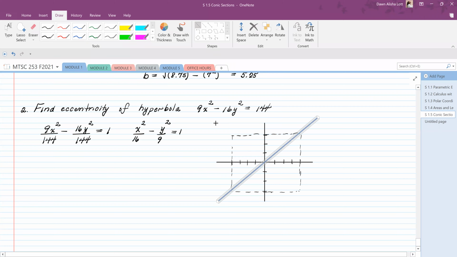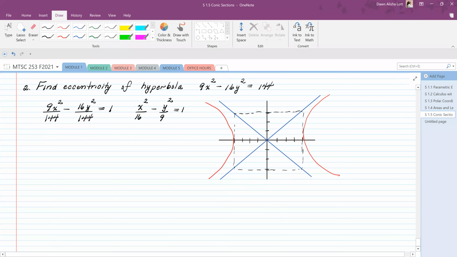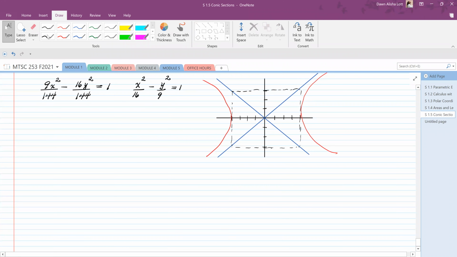And then this one goes through here. Wow, that's pretty good, Dawn. All right, and so therefore our hyperbola looks like this. Okay, but that's not what we were asked to do. We were asked to find the eccentricity.